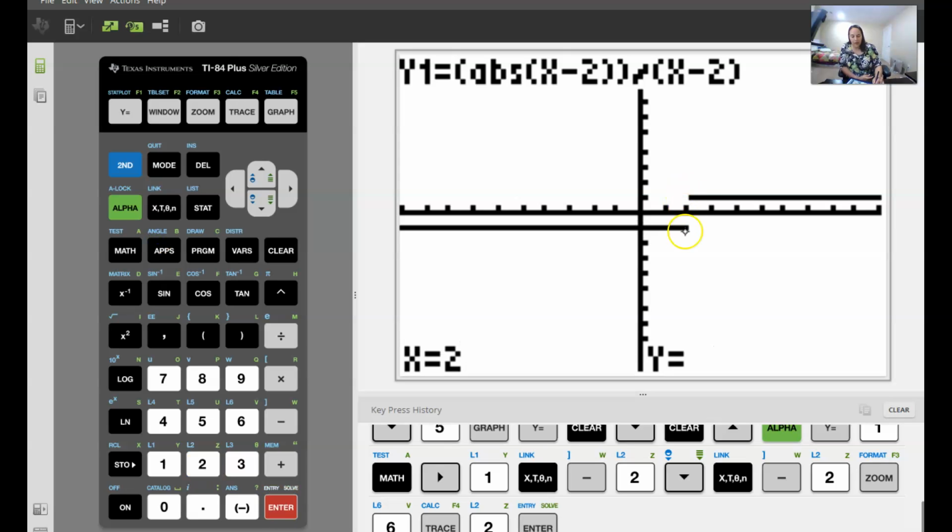And it takes you to that point 2, and you'll notice when x equals 2, y equals nothing. So this graph does not exist at 2. So our domain is going to be all reals, all x values except for 2.